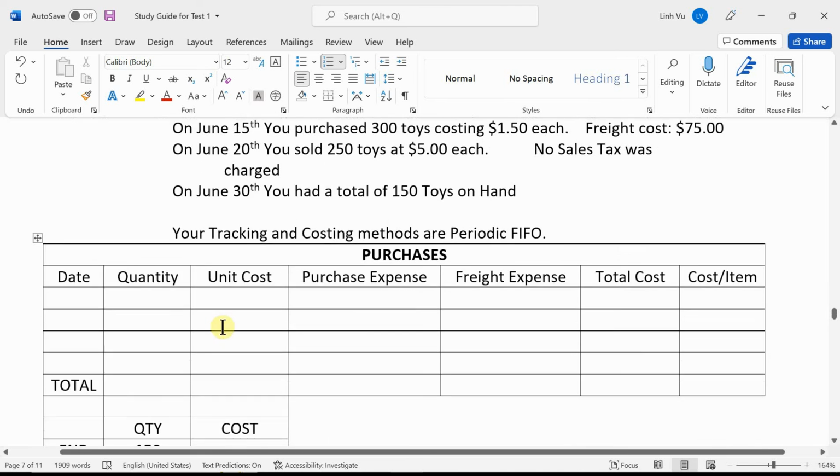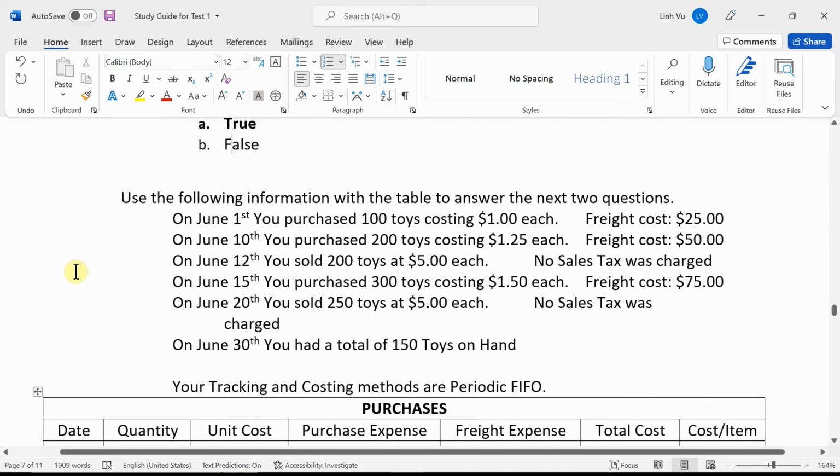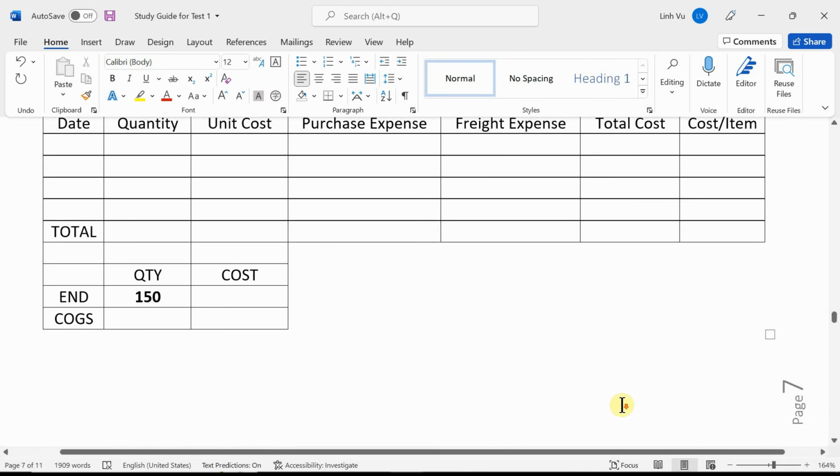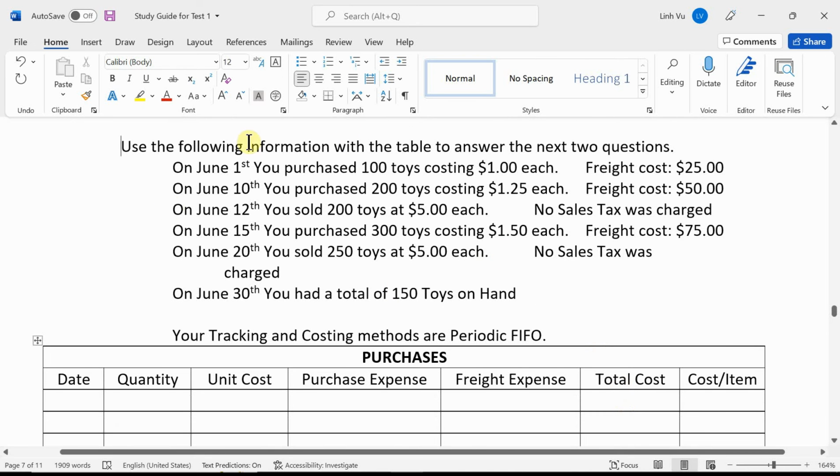Okay, so here we are looking at our very first inventory problem. In this case, your question gives you a scenario, and your job is to fill out this inventory worksheet. The most important thing you need to know here is that your tracking and costing methods are periodic FIFO.